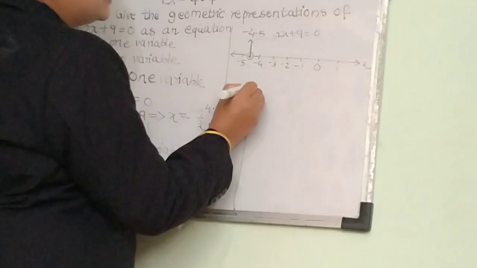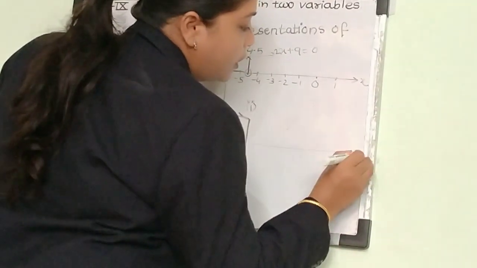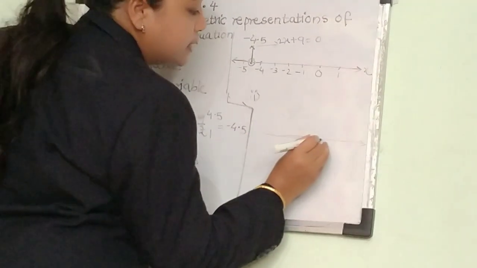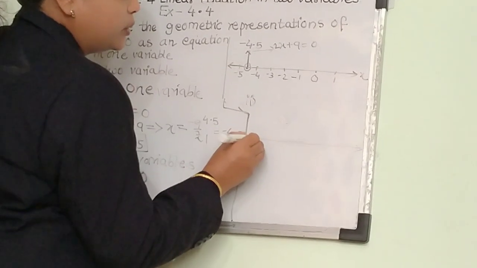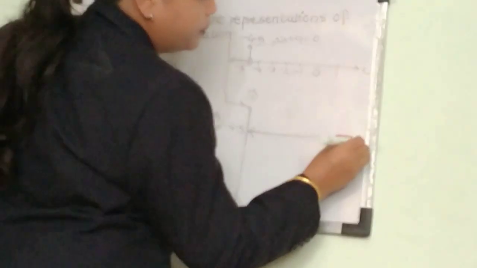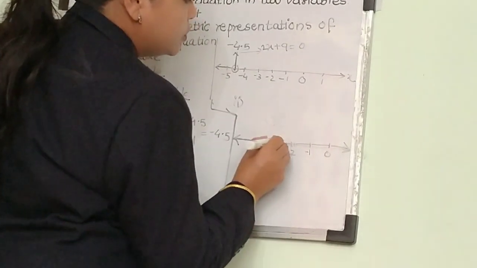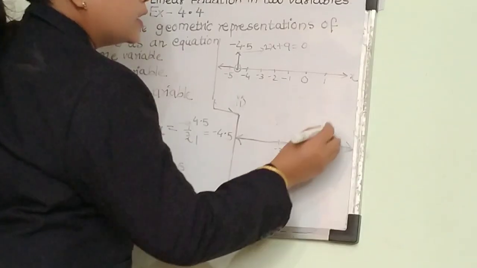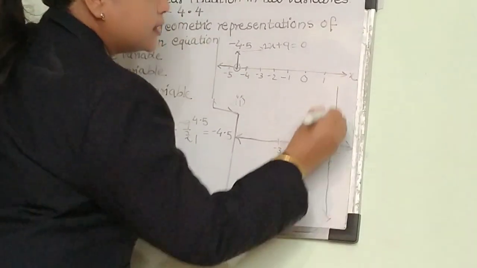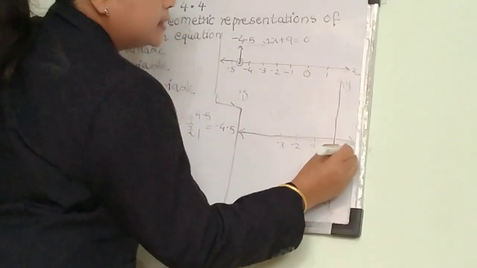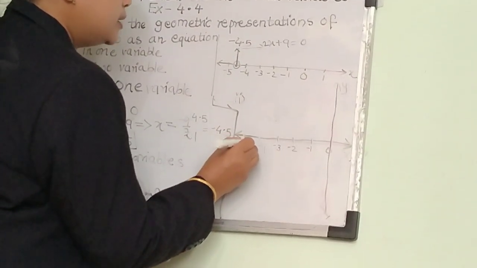Secondly, for the second one, we have to draw the graph of the same equation. So here we consider 0, then minus 1, minus 2, minus 3. From 0 we can draw the y-axis. So here the y-axis, here the x-axis, minus 4 and minus 5.